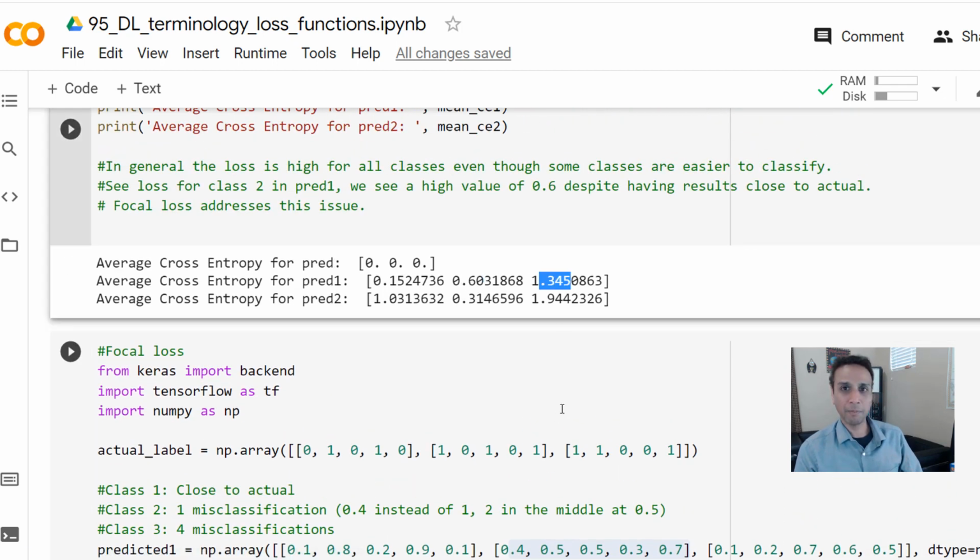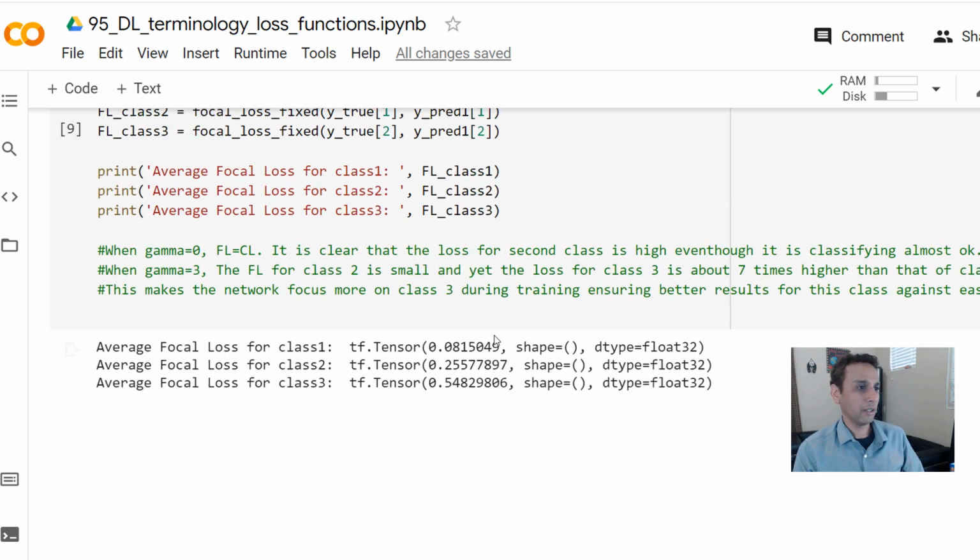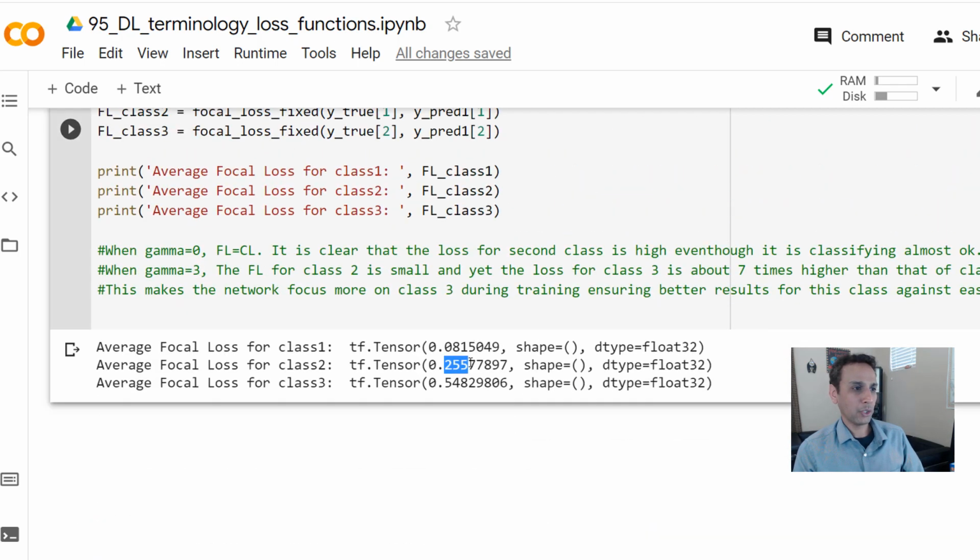These are exactly pretty much the same. This is slightly above 2 times, 0.6 times 2, these two classes. So not much difference when it comes to the difference between cross entropy and focal loss.